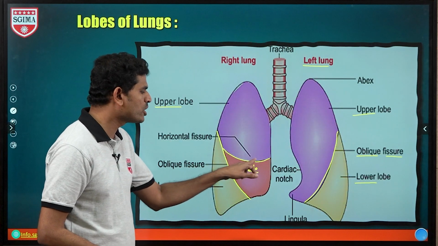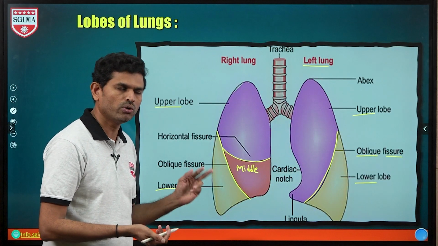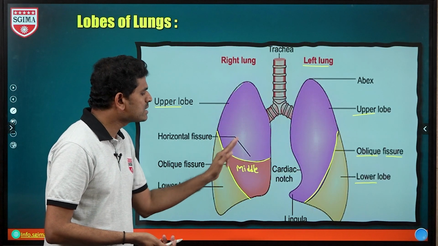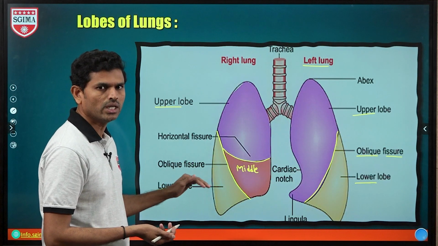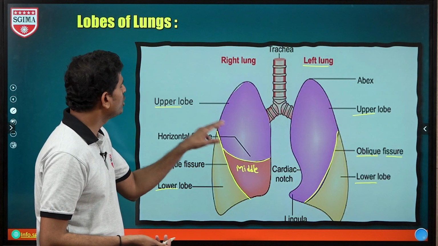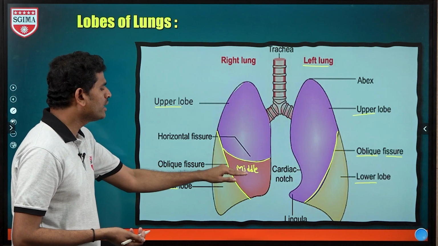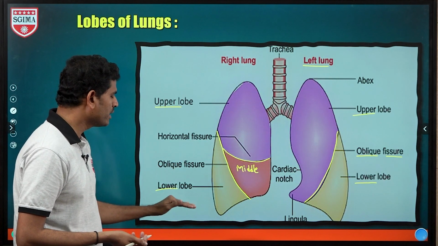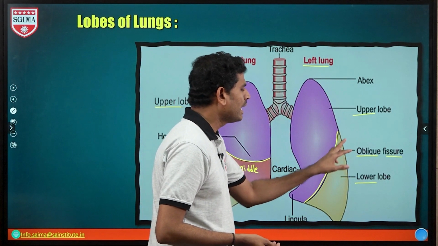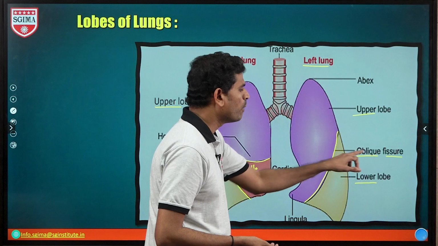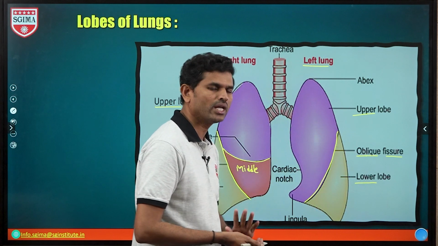One is a horizontal fissure and another one is an oblique fissure. ये दोनों fissures make the lung into 3 lobes, not 2 lobes, it is 3 lobes. So among these 3 lobes, upper one is known as superior lobe and middle one is a middle lobe only. Lower one is known as inferior lobe. And left lung, due to the presence of oblique fissure, is divided into superior and inferior lobes.